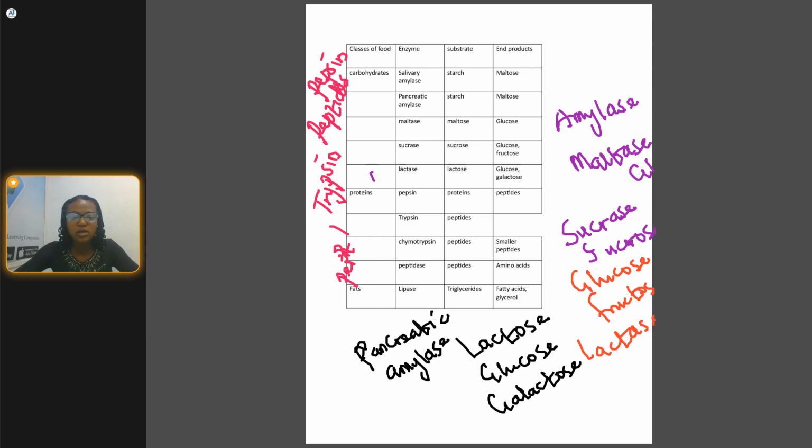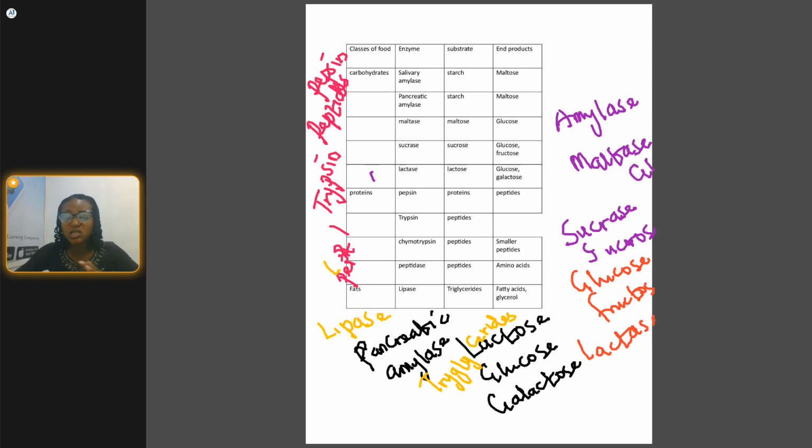All right, so we have the lipase. This acts on the food that has triglycerides, as you can see on the board, and the end product is fatty acids and also glycerol.